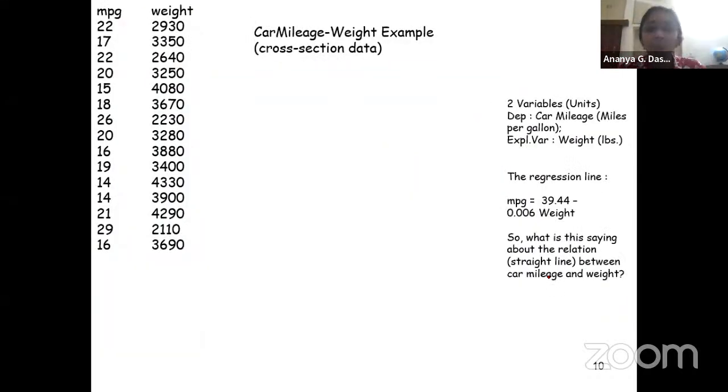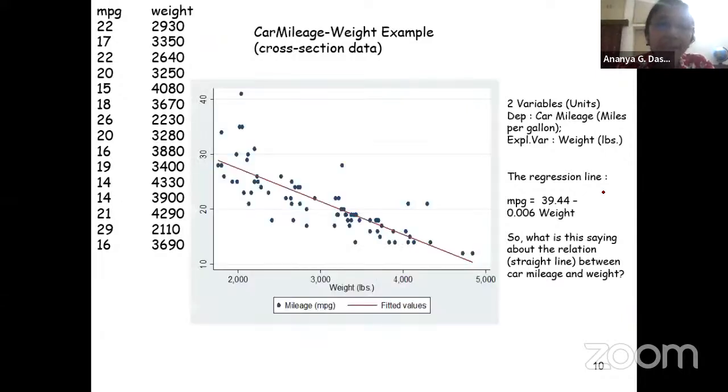Right. And now one final example, again with cross-section data, where our variables pertain to vehicles, cars, okay? So we have two variables. One is the mileage, the miles per gallon that the car gives, and the second is its weight, okay? And here, as you can see, there is a negative relation, and the slope has a negative sign.